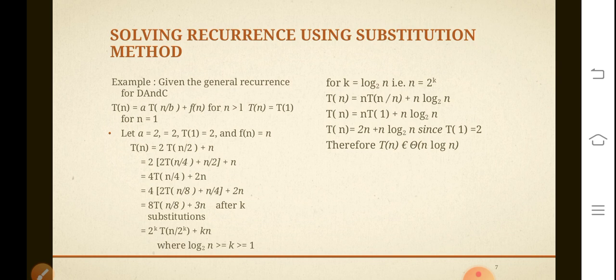For k equal to log base 2 of n, that is n equal to 2 raised to k, T of n equals n into T of n by n plus n log 2 n, then T of n equals n into T of 1 plus n log 2 n, T of n equals 2n plus n log 2 n, since T of 1 equals 2. Therefore T of n belongs to theta of n log n. This is how the recurrence relation can be solved using the substitution method.